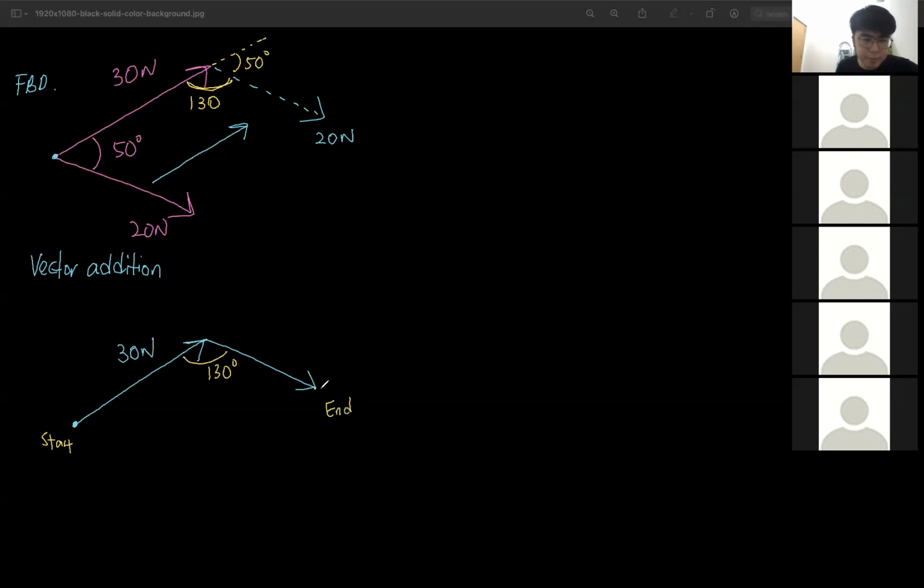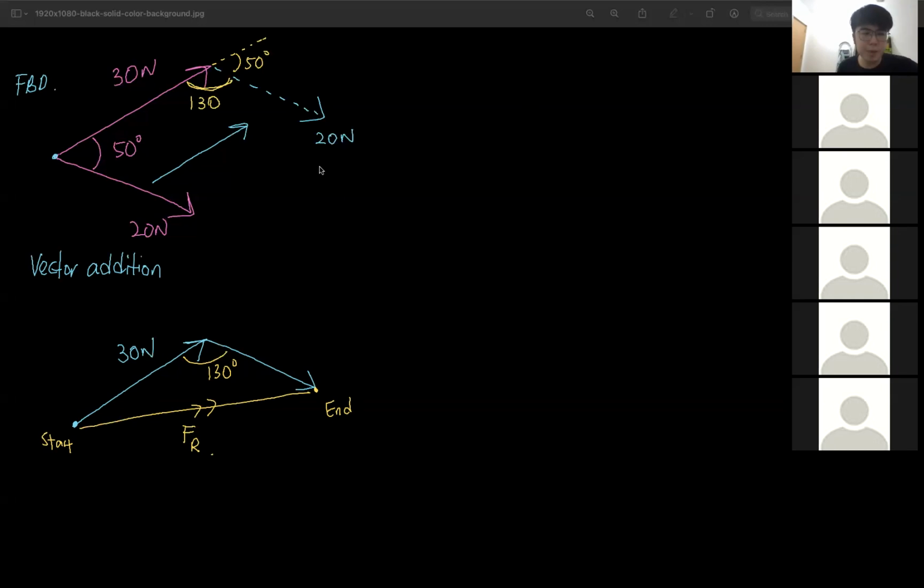Starting, ending, OK draw your resultant here to here, FR. First find the magnitude of the resultant.